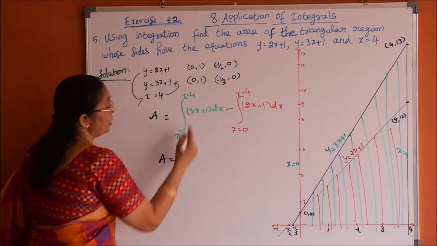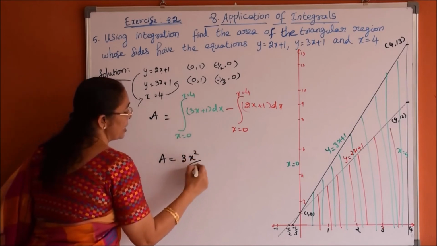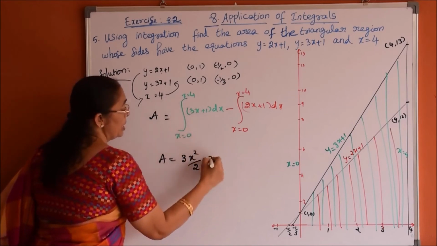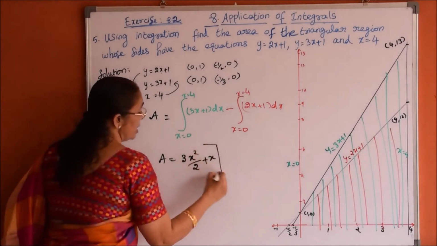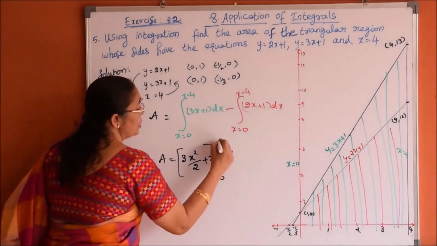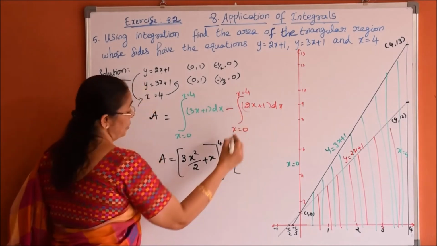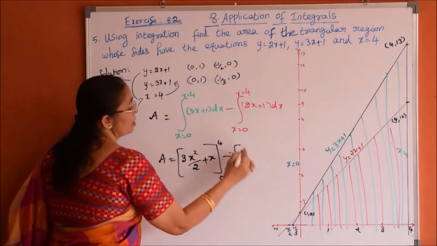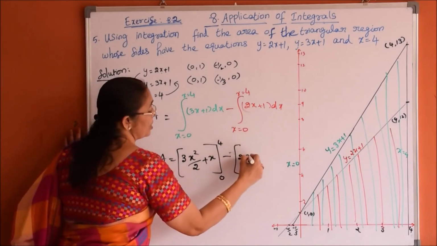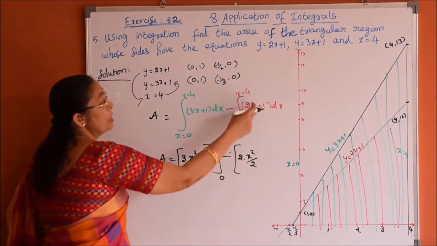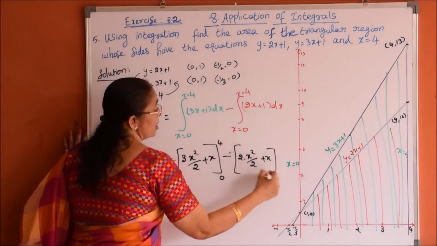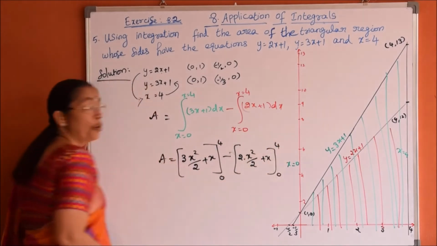Now, 3 into the integration of x dx, which is x square by 2, plus 1 dx is x, with limits from x is equal to 0 to 4, minus 2 into the integration of x dx, which is x square by 2, and 1 dx, x, with limits from 0 to 4.